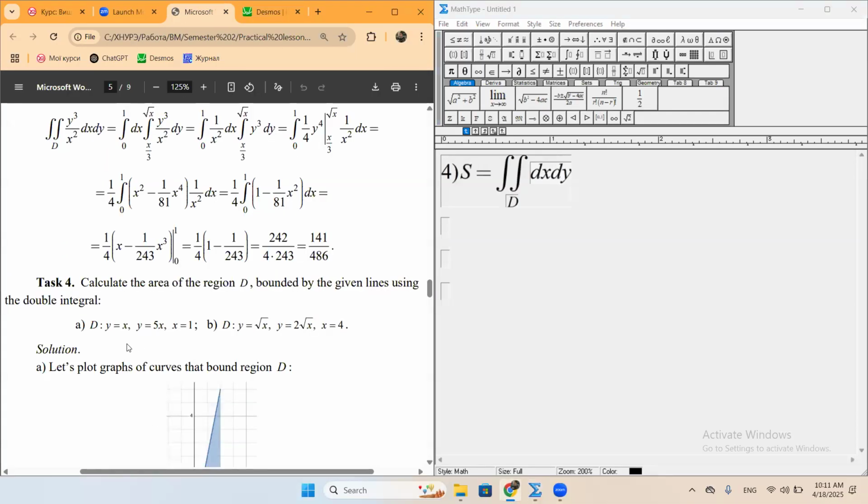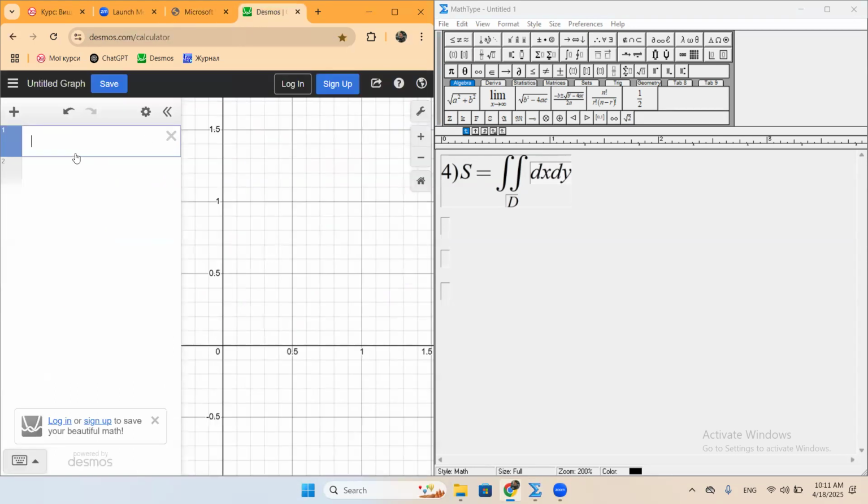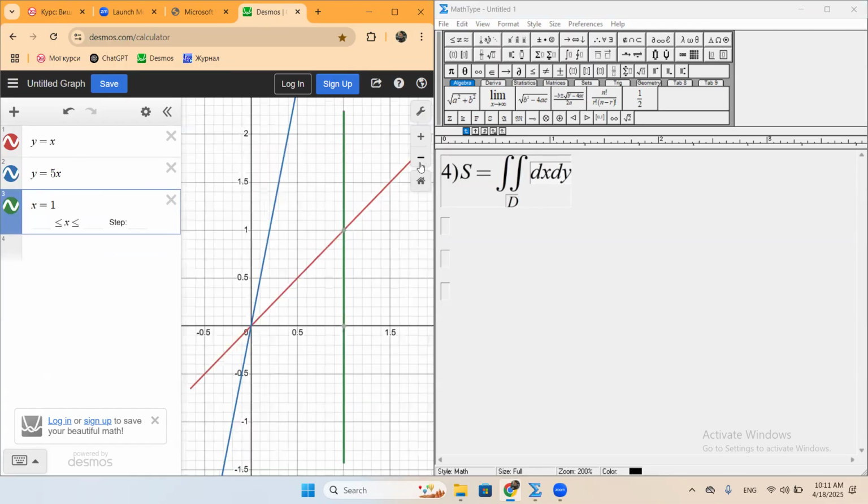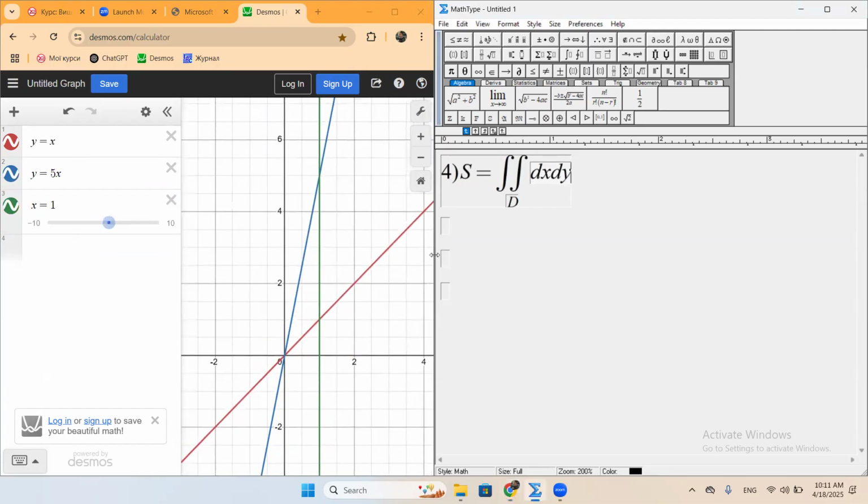It is bounded by the following straight lines: y equals x, y equals 5x, and x equals 1. So we have the following triangle, and let's describe the region. x changes from 0 to 1, and y changes from x to 5x.